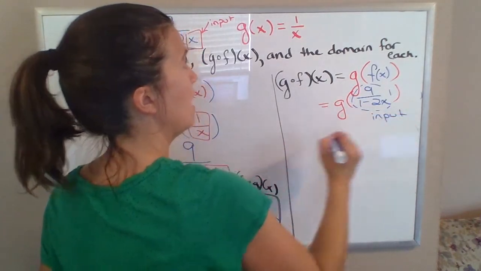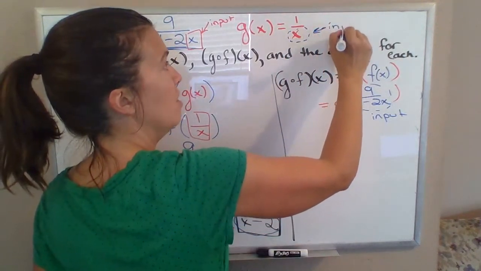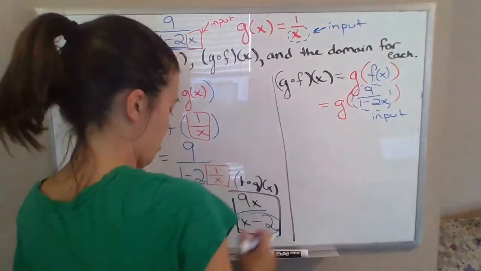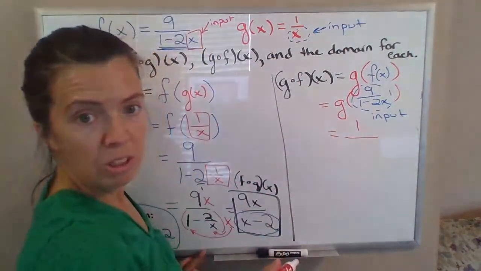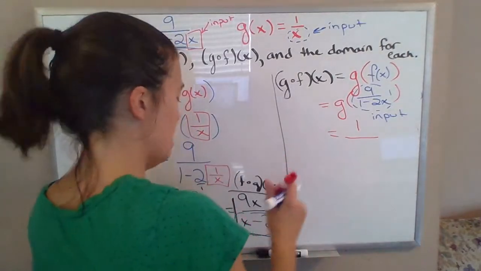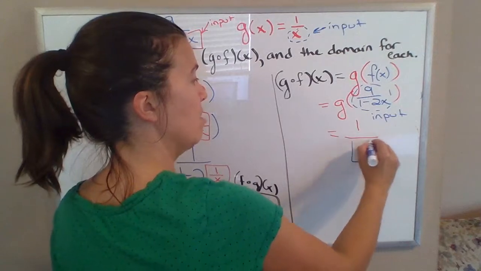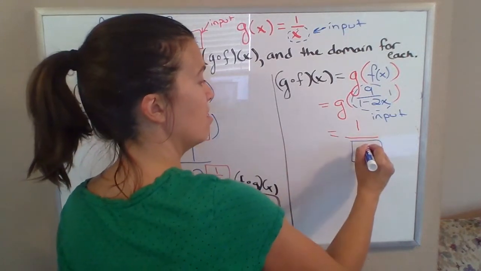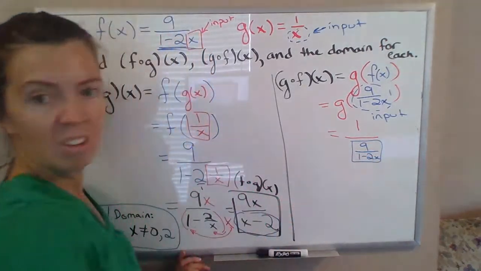And we're going to take that input and insert it into the g of x function. So this becomes, the rule for g is 1 over x. And when you get to an x, you pause and say, okay, x is just a stand-in for whatever your input is in this particular problem. So in this case, the input is 9 over 1 minus 2x.